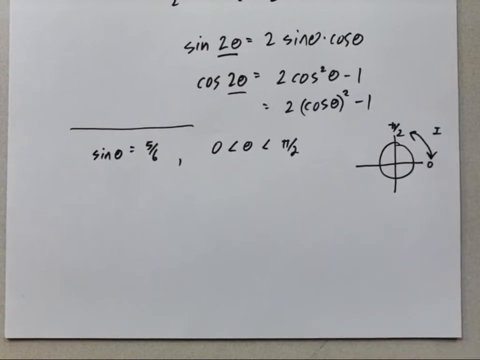That becomes important when we start plugging in trig functions, because the quadrant is going to determine whether the trig function is plus or minus. So we're back to that again. We have to know which quadrant the angle is in to know whether the value is going to be positive or negative.